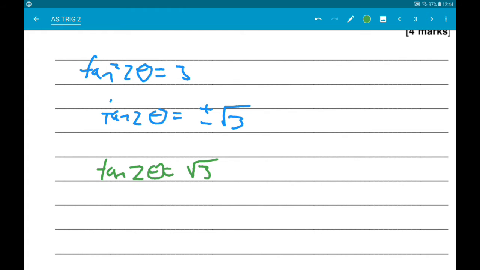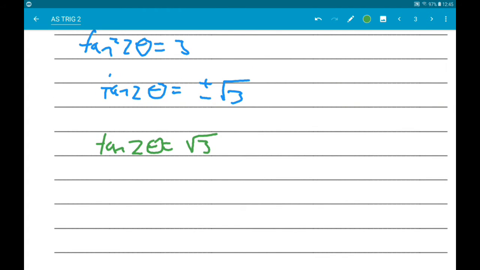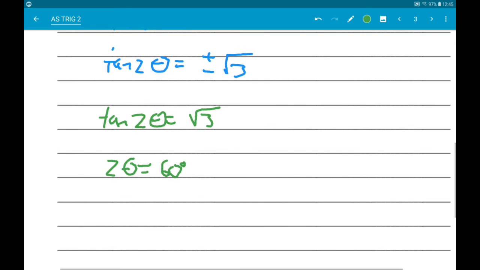Okay, so we can get to theta by taking the inverse tan of both sides. So we will get 2 theta is equal to 60. Now that tells us then that theta is equal to 30 degrees.